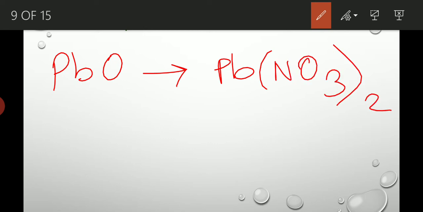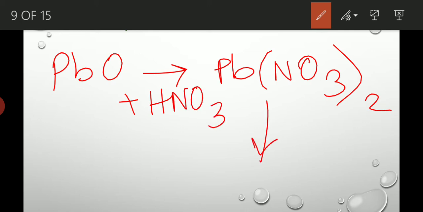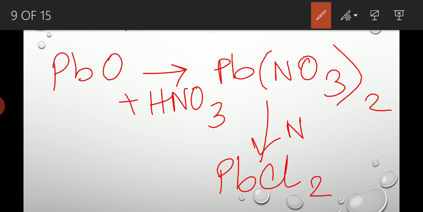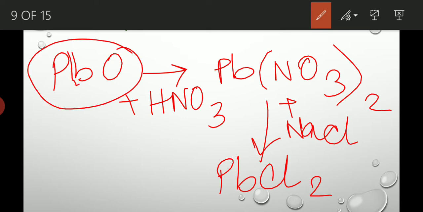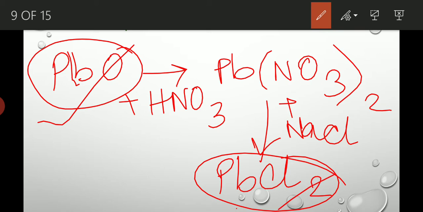How? By reacting with nitric acid. Then this lead nitrate is converted to lead chloride. How? By reacting with NaCl, sodium chloride. So from this we get lead chloride from lead oxide. Clear? So from one insoluble salt we are converting to another insoluble salt.